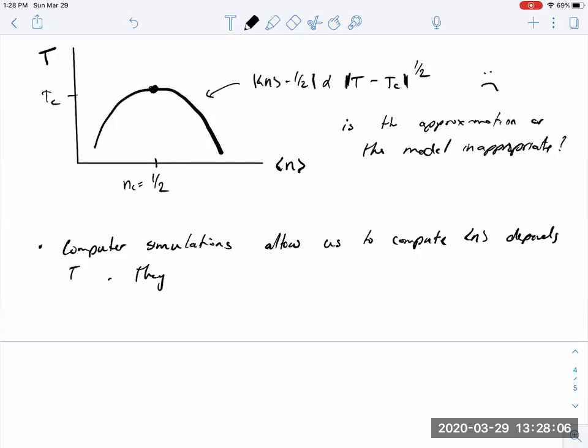When one does the computer simulation, essentially giving the exact answer for this model, the average occupancy less than 1/2 its critical density, as a function of t minus tc, goes like a power. Oh, but this power is 1/8. And again, not what I said it was a second ago. But actually, this is the right answer.